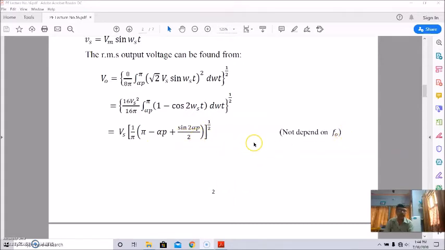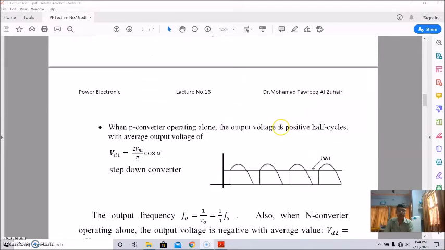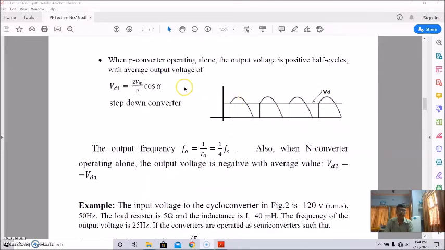It now depends on the output frequency. Therefore, when the P converter is operating alone, the output voltage is positive half cycles with the average output voltage equal to Vm by pi cos alpha for step down converters.